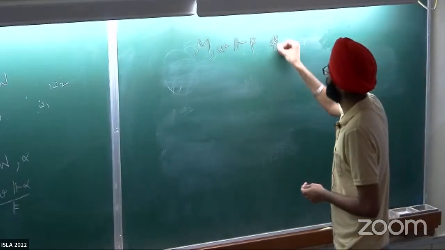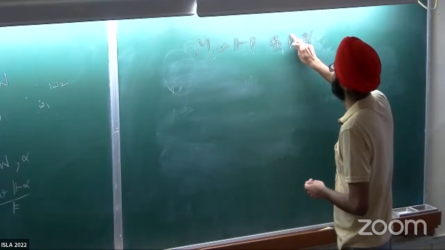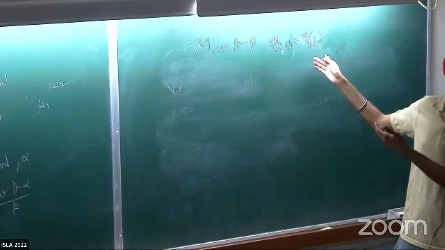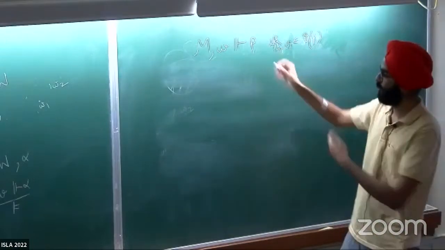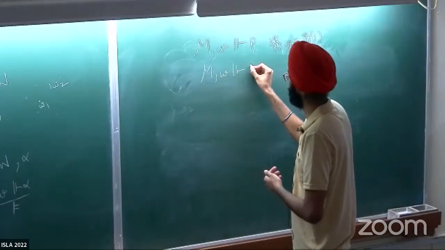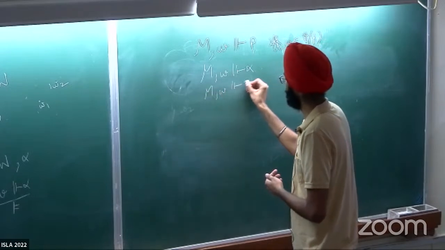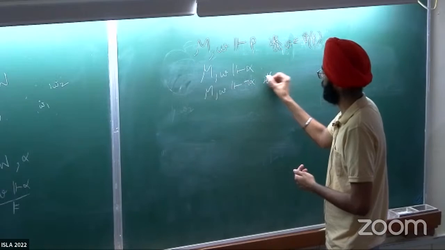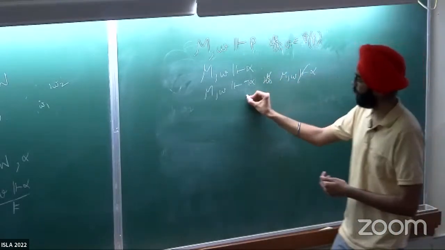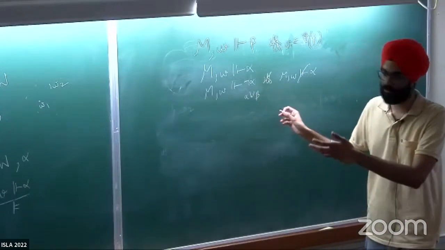If and only if W belongs to the valuation of P. This is the basic simple case where we have a P. Then by induction, we assume that M, W double turnstile alpha is true. Now, when will not alpha be true? M, W double turnstile not alpha if and only if M, W does not satisfy alpha. Similarly, for alpha or beta and alpha and beta, it can be seen just like in propositional logic.